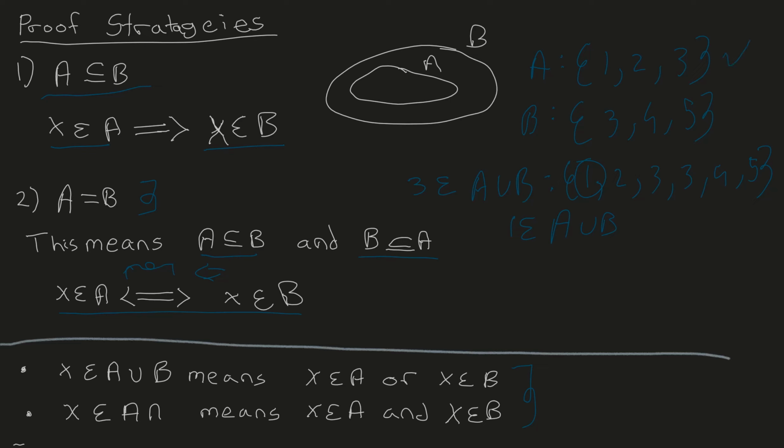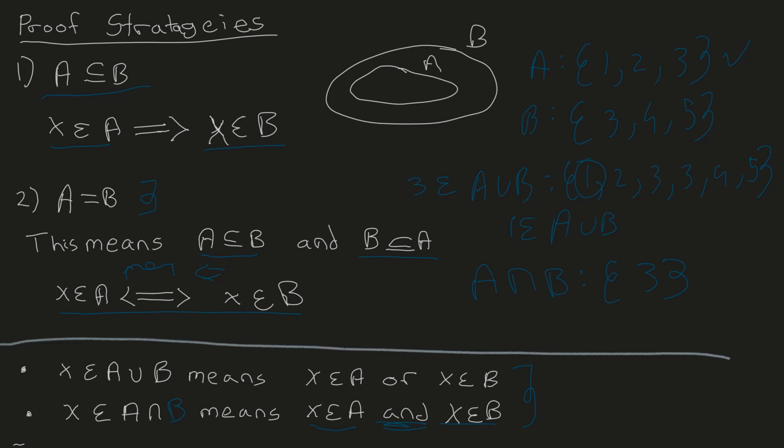So let's look at what X is part of A intersection B means. X is part of A intersection B basically means X is both part of A and X is part of B, instead of or. Like our previous example, A intersection B is a set of just one element, 3, the common element.